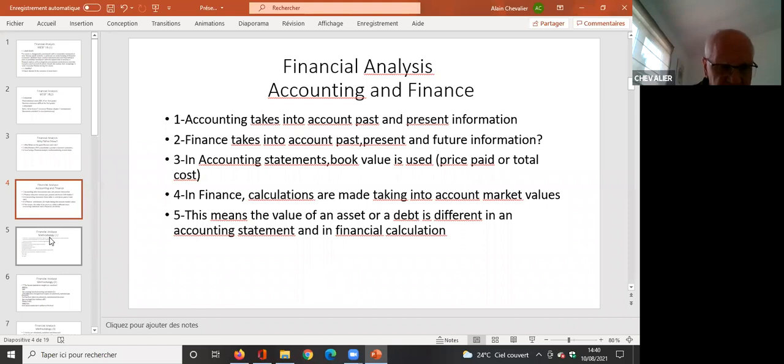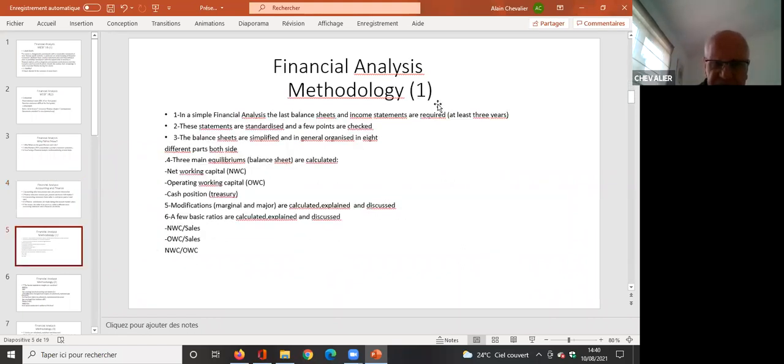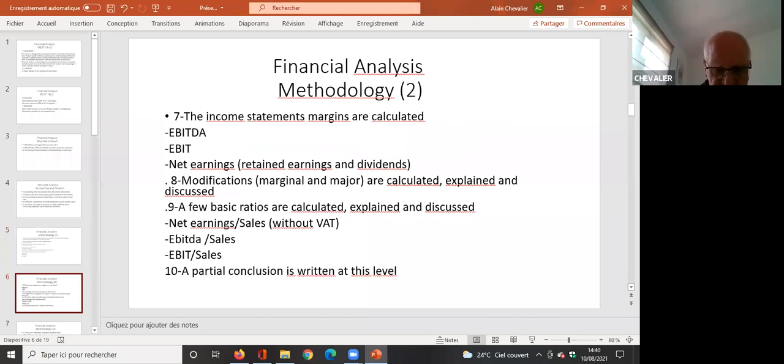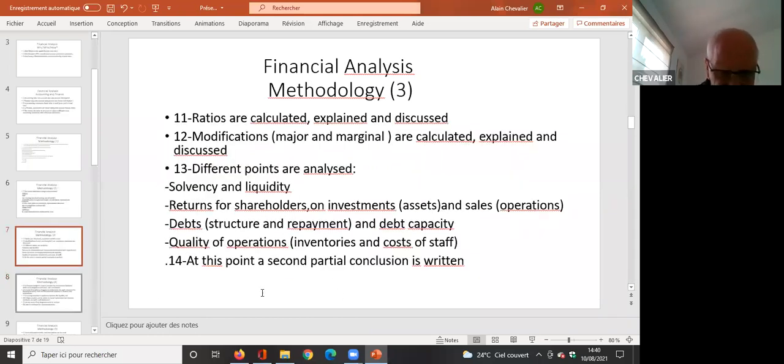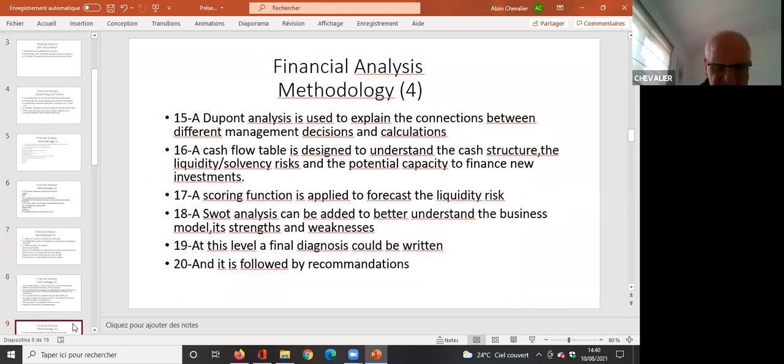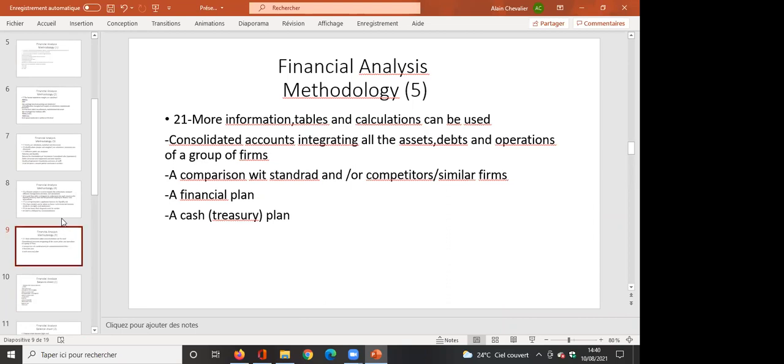Now I want to go through something different, which is the methodology. It is a bit more complex, and we can also discuss, and so you will say, I'm an expert. I've been doing financial analysis for 5 years, and we don't do exactly what you propose.